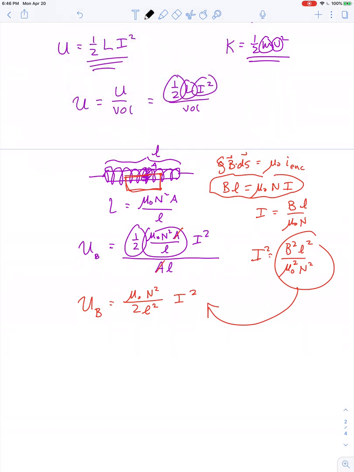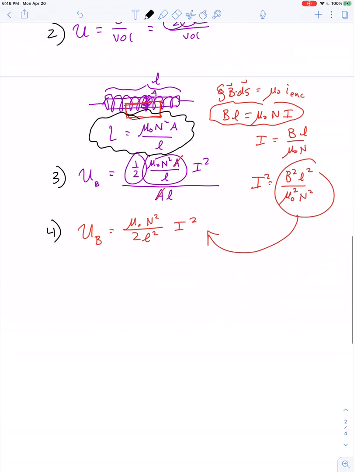Let me renumber our work here. Step 1 is an equation for the energy of an inductor. In step 2, we define energy density. In step 3, we made a substitution knowing that the inductance of a solenoid is mu naught n squared A over L. And in step 4, we simplified a little bit.